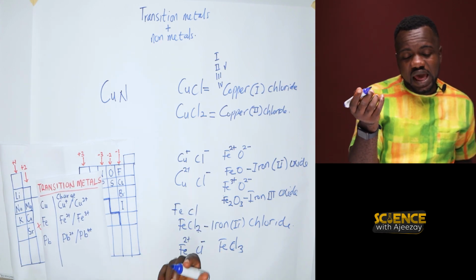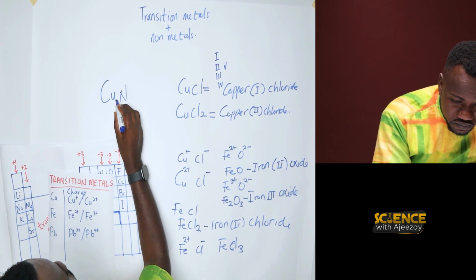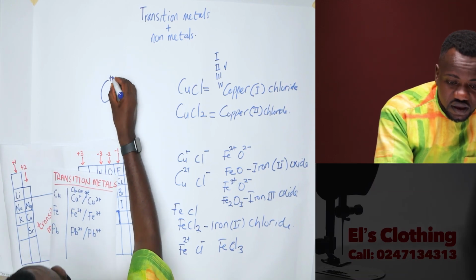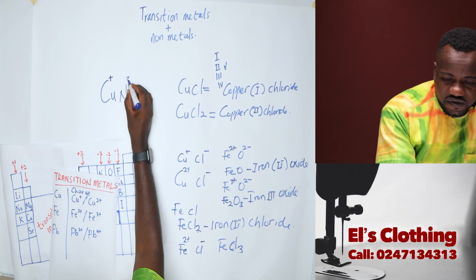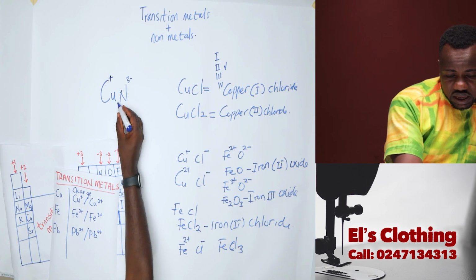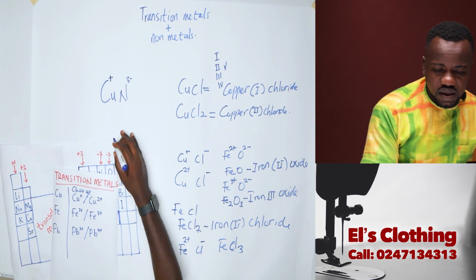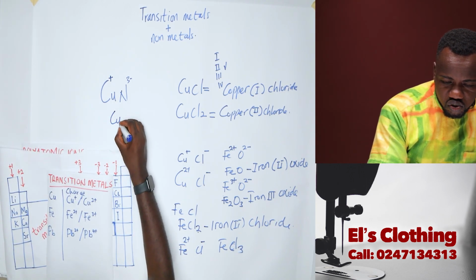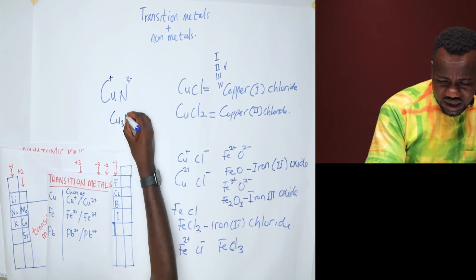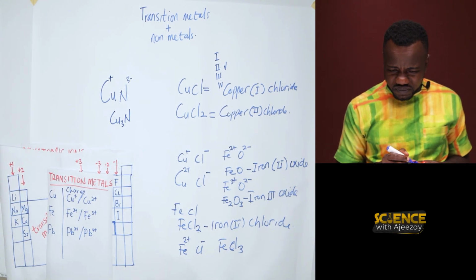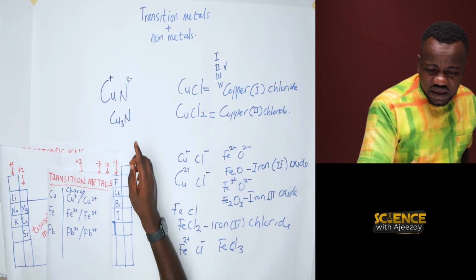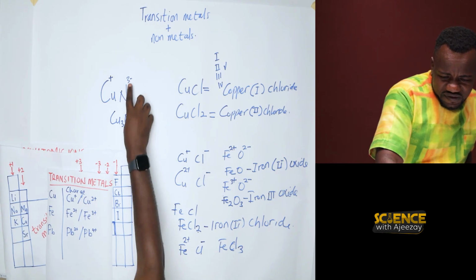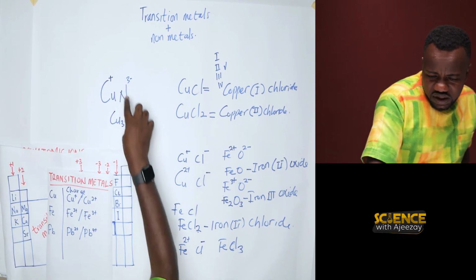If copper is 1+ here and nitrogen is 3-, this will come here and this will go here, so our formula is Cu3N. You can see that this 3 is coming from here, and the 1 we don't write.